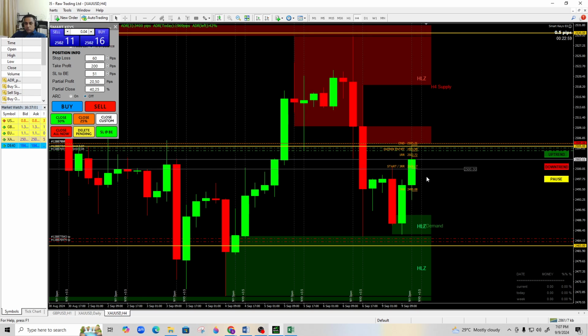Orders being closed at the end of 4 hours, the algorithm closing orders, and new orders coming into the market. So you don't want to get caught right at the open of the 4-hour with a trade. It might just be better to wait 30-45 minutes after the 4-hour candle opens to look for another setup. Might be wise to do that.